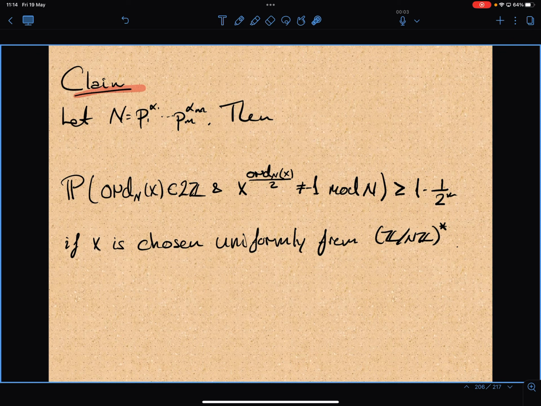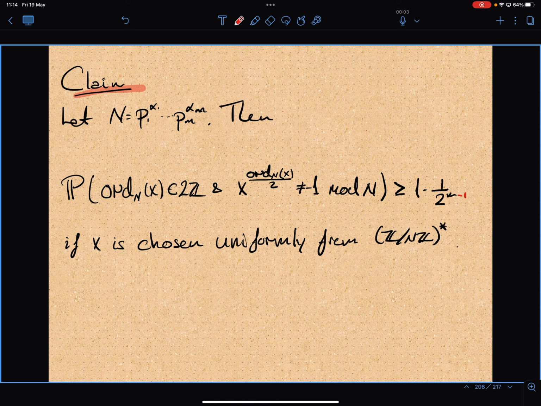So we're moving to the main claim of this factoring algorithm. That if we take n, which has this prime factorization, then the probability that the order of x modulo n is even, and that x to the order divided by 2 is not equal to minus 1 modulo n, is greater than or equal to 1 minus 2 to the m minus 1.